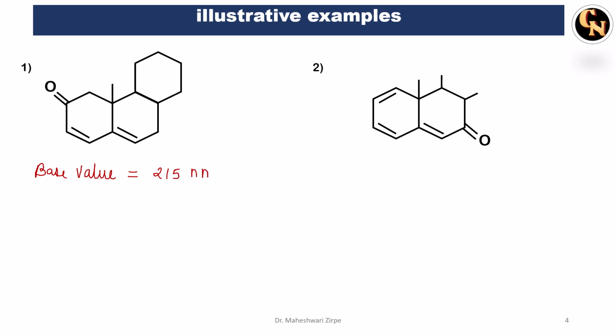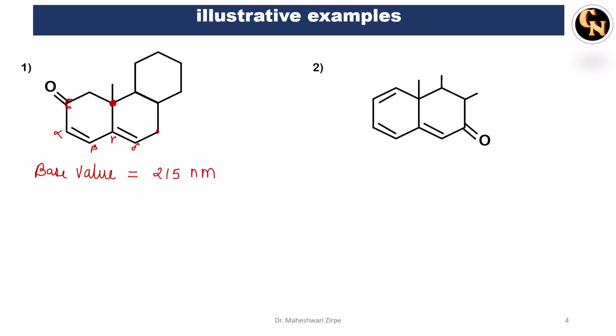Correct? So which is the Enone system? This is your carbonyl group C double bond O, then this is your alpha carbon, beta carbon, then gamma and delta. You are going to see which groups are attached to this and try to find out. Now for gamma carbon there is one CH2 group, so here you are going to highlight it.